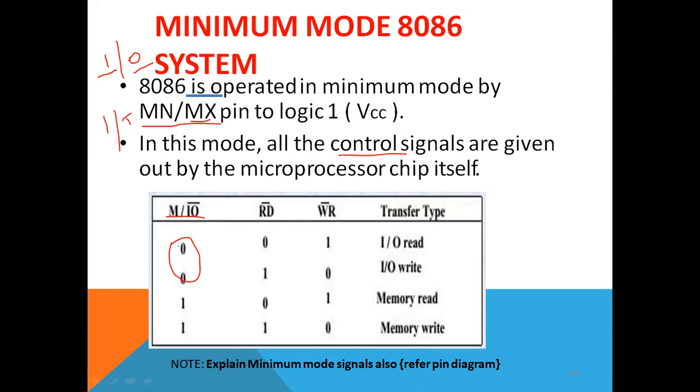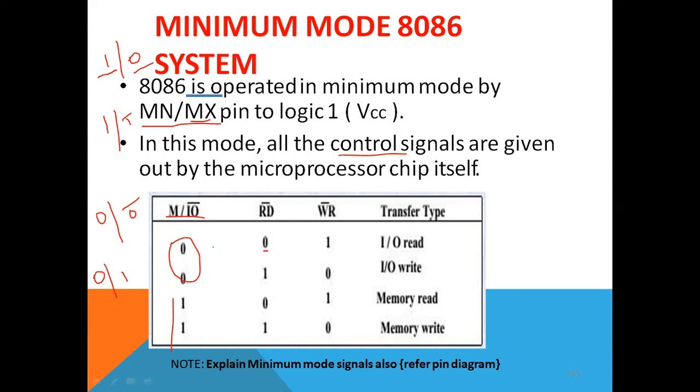The M/IO bar signal: if we give 0 as the input, it is an I/O operation. If we give 1 as the input, 1 slash 1 bar means 0, and that selects memory. So it decides whether to read or write from the I/O devices or memory.